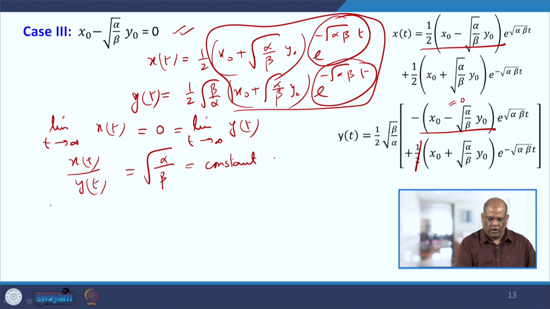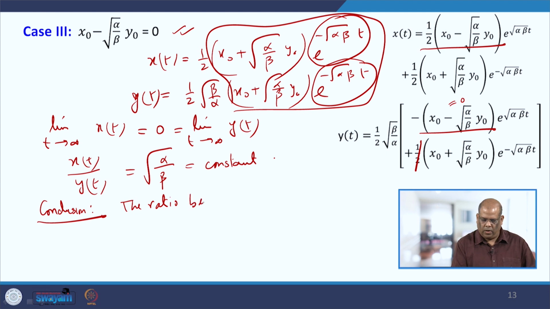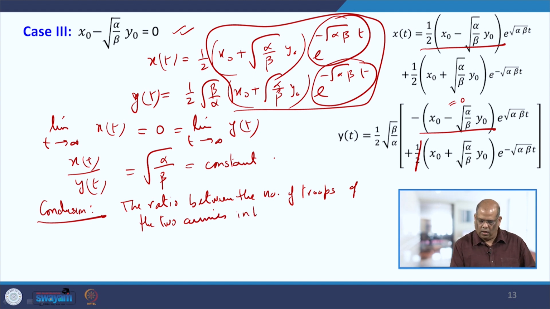So, conclusion is the ratio between the number of troops of the two armies in battle remains constant in time.